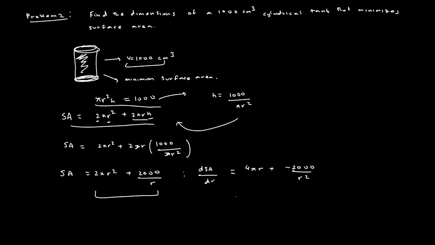So simplifying that, 4 pi r minus 2,000 over r squared. And we want to find out where this is equal to 0 or undefined. We know this is undefined at r equals 0, but clearly that won't give us 1,000 for our volume, so we'll ignore that case. But let's solve for it when it's 0.